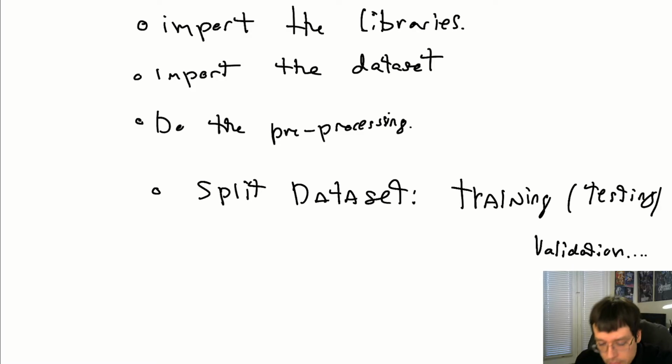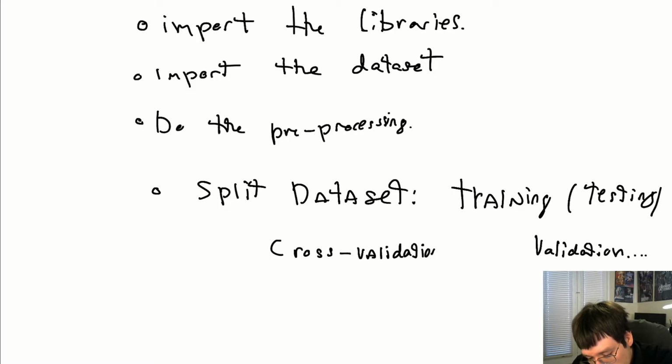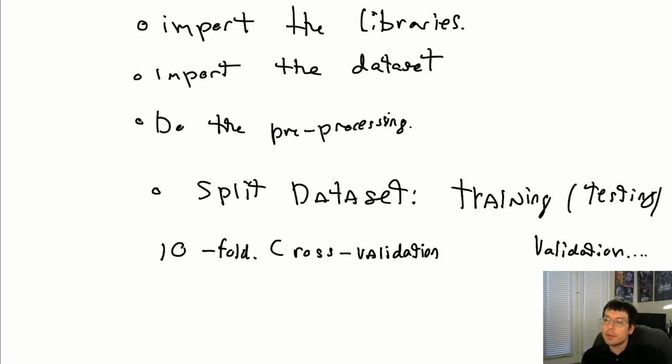What cross-validation is, usually, is something like tenfold cross-validation. What that means is that you keep rotating what you feed versus what you test with. So you feed 90% of the data as training and 10% as testing. And then you keep rotating that 10% around the entire data.